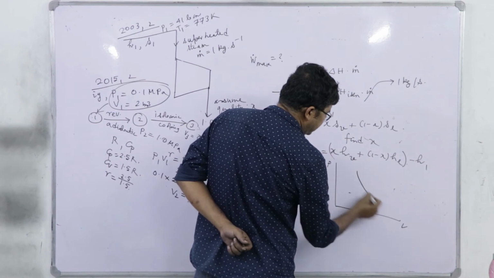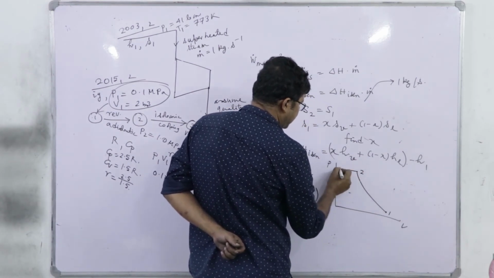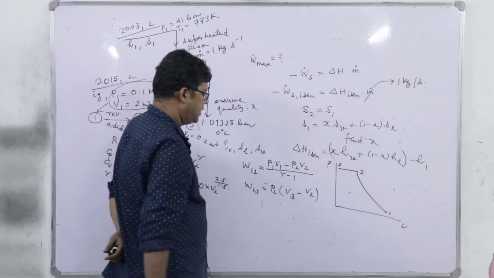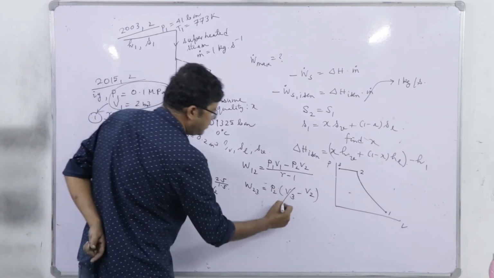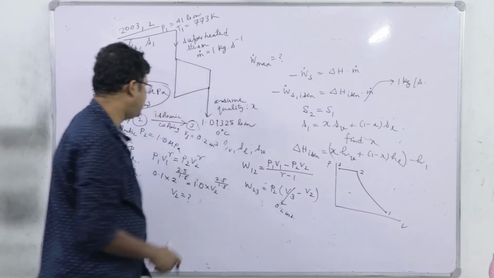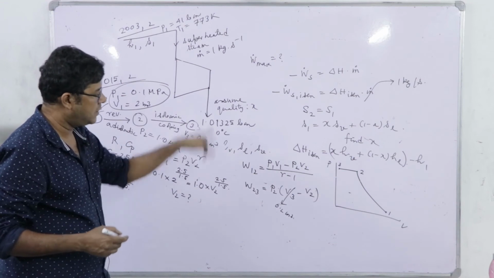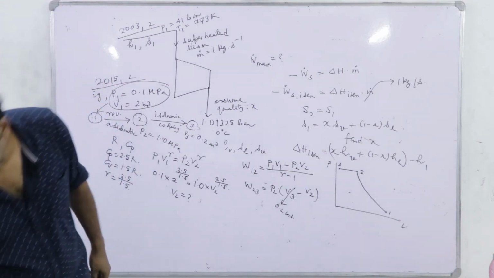It is an adiabatic compression from state 1 to state 2, then isobaric cooling to state 3. So V3 must be lower than V2, and V3 is given, which is 0.2 meter cube. V2 we have solved, and P2 we also know, which is 1 megapascal. So, from there we can calculate the work done on the gas.